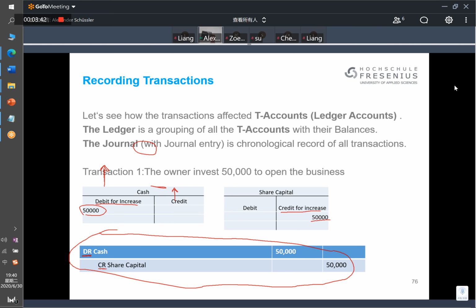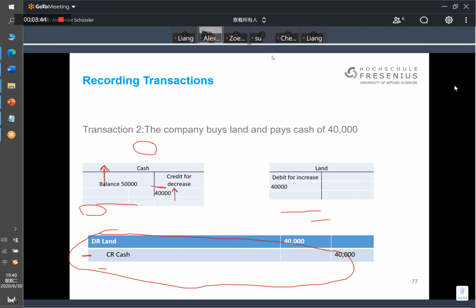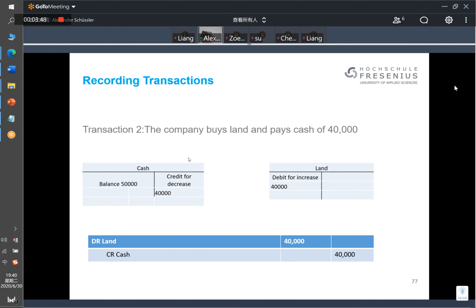Next transaction. The company buys land and pays cash of 40,000. Here you debit land, it goes up, and you credit cash, it goes down.